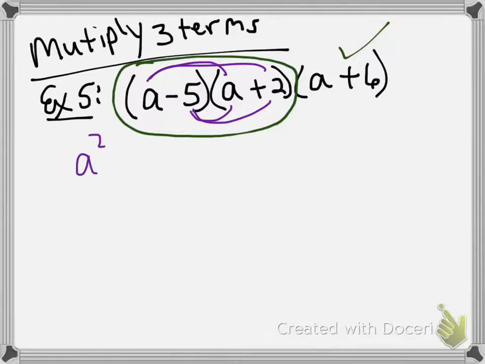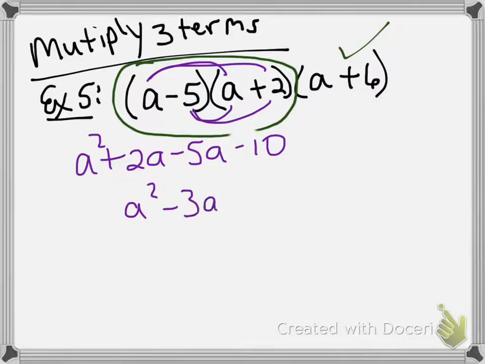So a squared plus 2a minus 5a minus 10. And I'm going to simplify this further. A squared minus 3a, because if you combine these two terms, you have a negative 3a, minus 10.